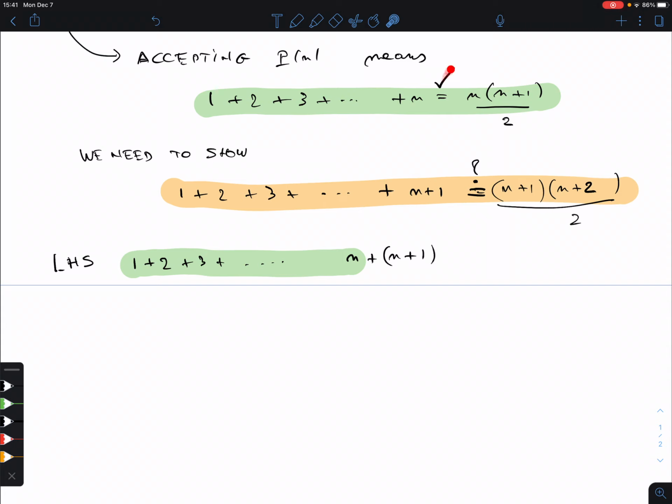Why? Because we know it's true. Check mark, we have accepted it. We are accepting that Pn is true. It may look like a cyclic argument, but it isn't. That's the strength of this whole thing.